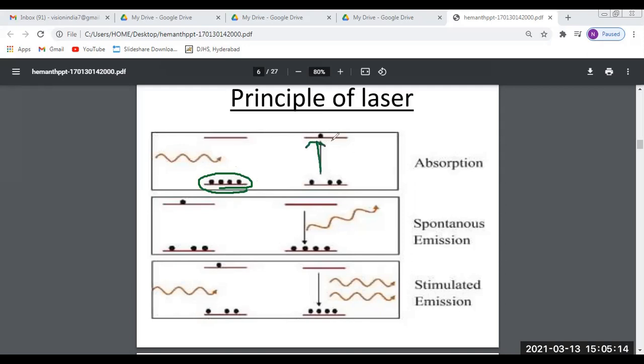You can see the atom has excited. By absorbing the radiation, the atom has moved to the excited state. That particular process we call absorption, and this is stimulated absorption, or induced absorption.